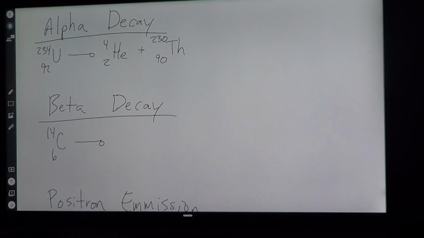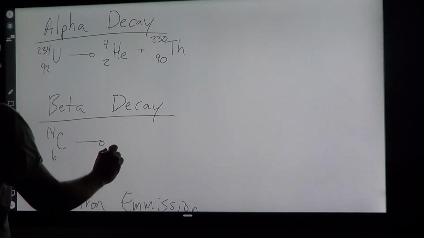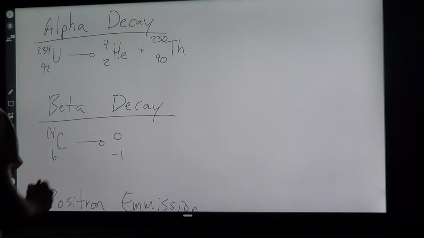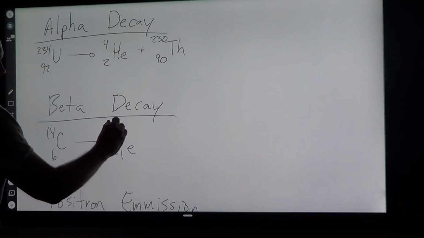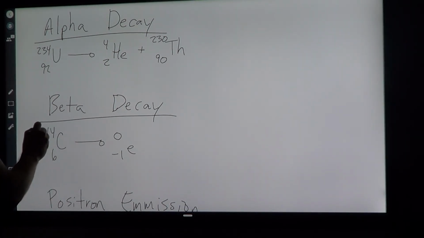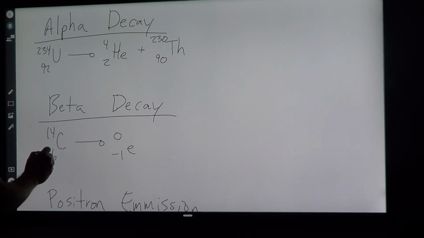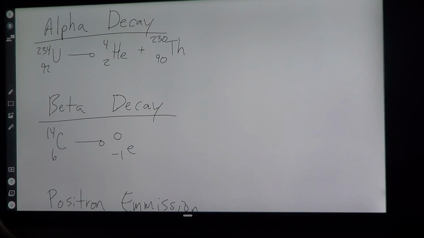Okay, the next basic one is called beta decay. If it's beta, you must see a beta particle, which your book puts the B there. I always put an E to remind myself that a beta is an electron. And what happens is here, this carbon has 8 neutrons and 6 protons, which puts it at that 1.33 number we calculated.